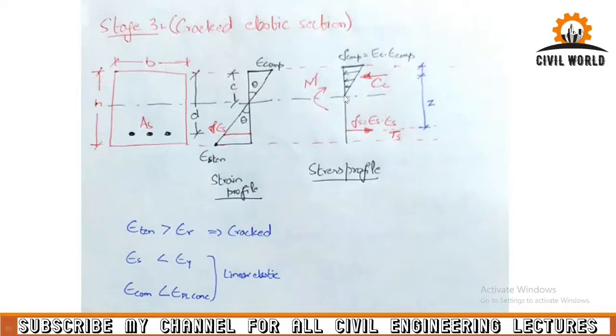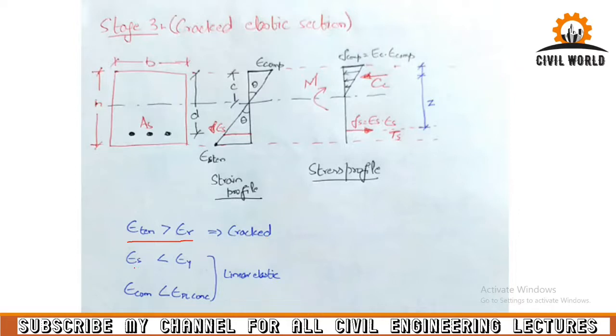Over here, because there are no tensile stresses in concrete, you have only compression forces in concrete and tensile forces in steel. Your tensile strain in concrete is greater than the cracking strain, so the concrete section has already cracked.